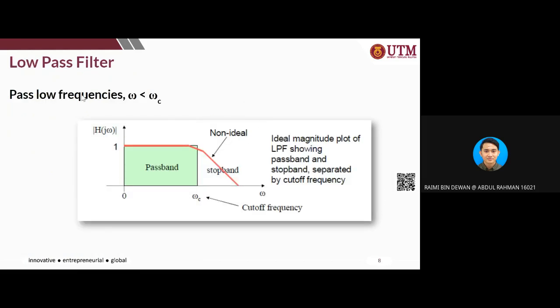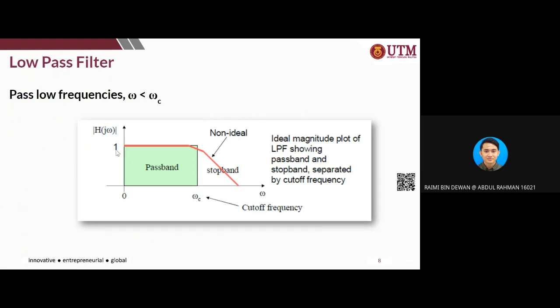Low pass filters: for low pass filters, we only allow the low frequency range to pass through. In practical filters, this is the shape that we are going to have for our low pass filters. This magnitude, H of j omega magnitude, is always positive.